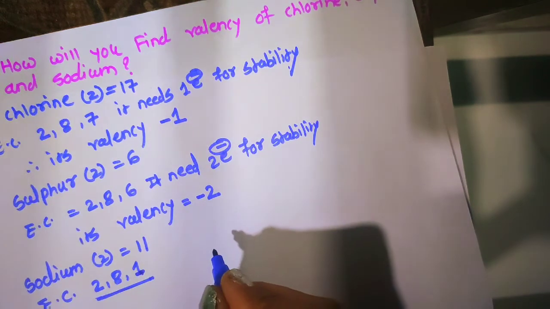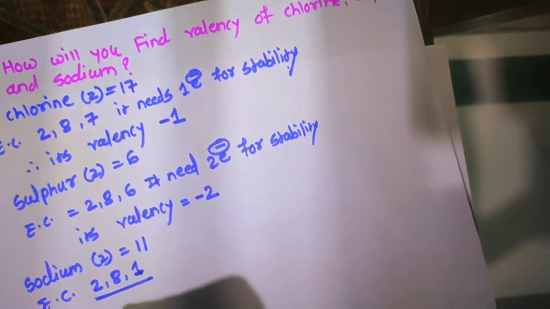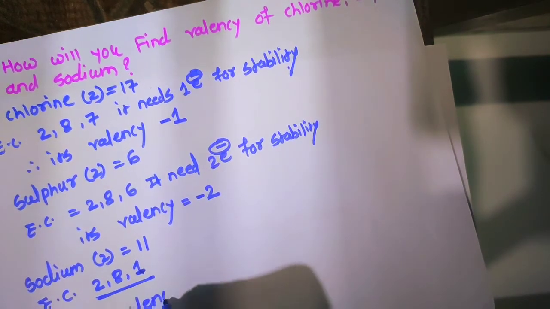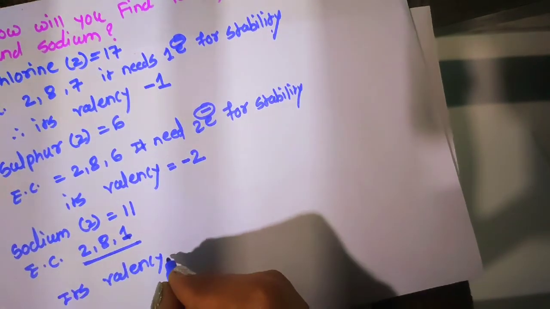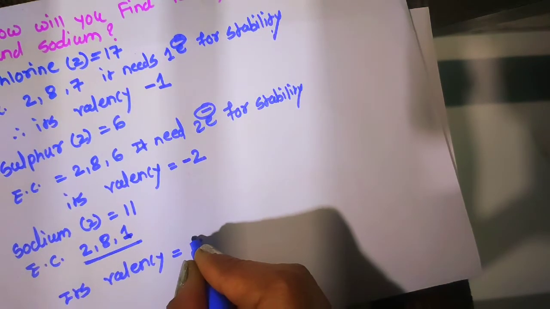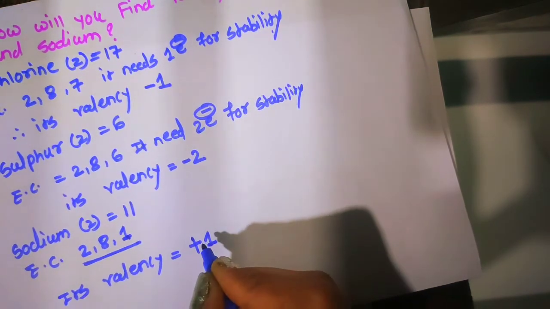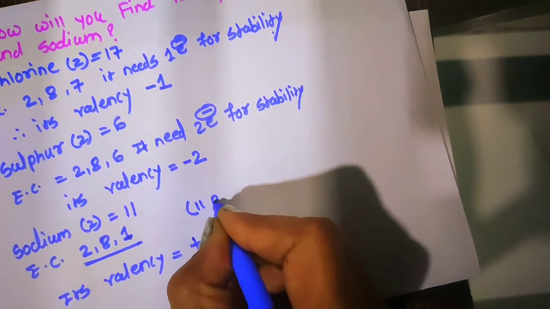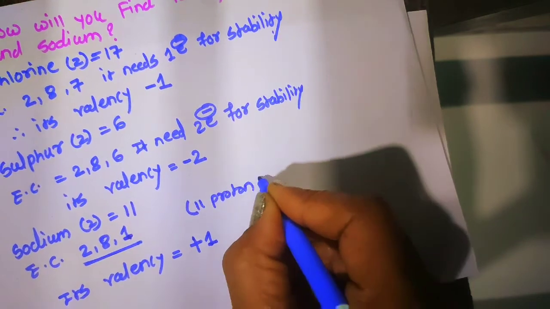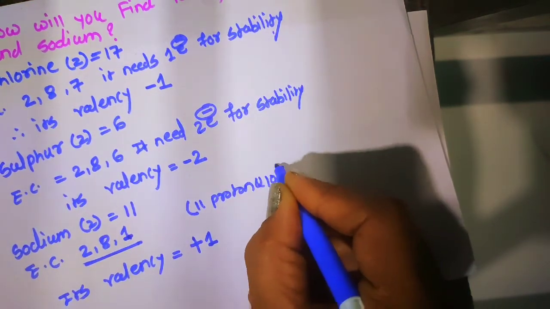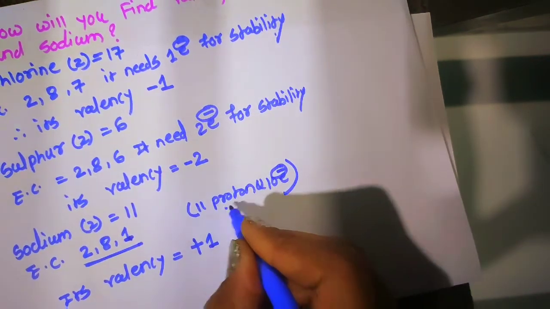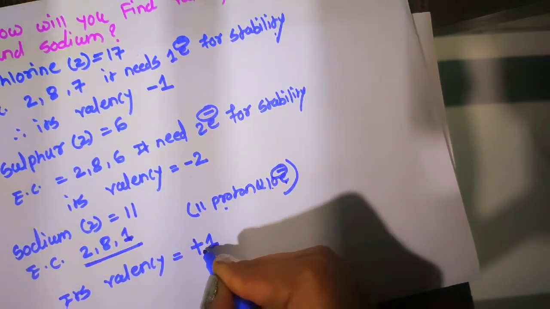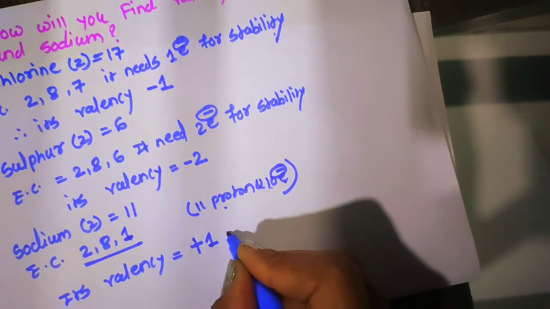Means its valency would be +1, because when it loses this 1 electron, it will have 11 protons and 10 electrons. So 10 protons will be neutralized by these 10 electrons, 1 proton will remain extra, and that is its valency.